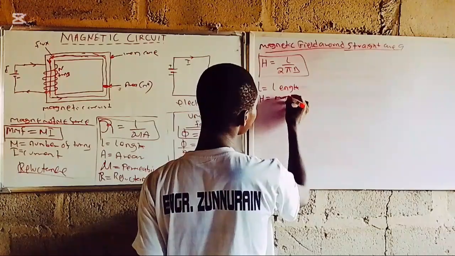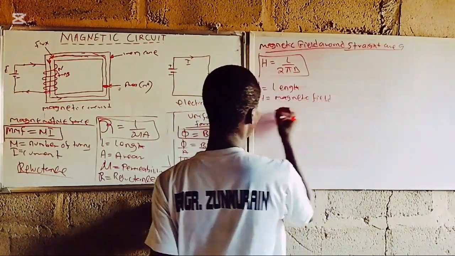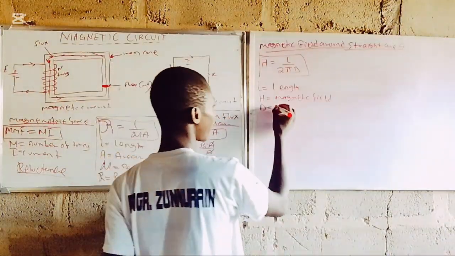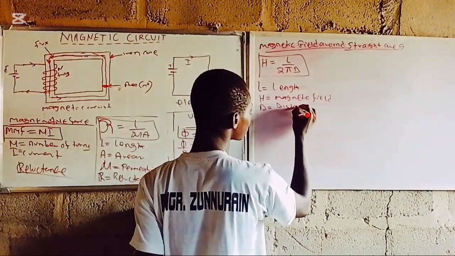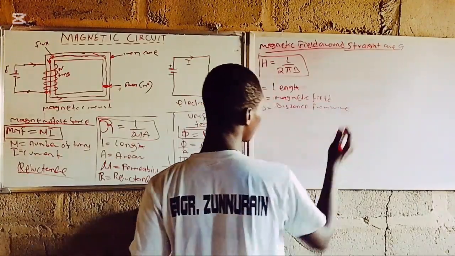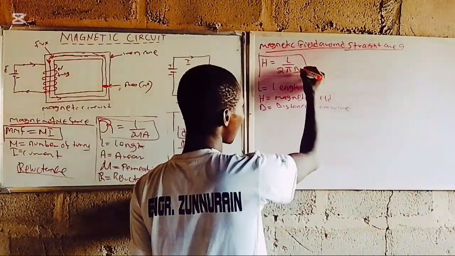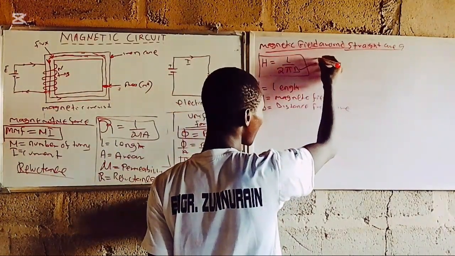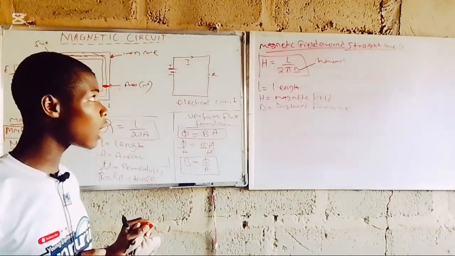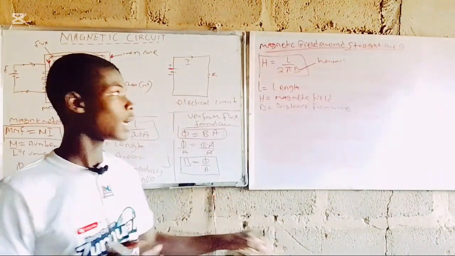H is the magnetic field, and D stands for the distance from the wire. You have to take note that as this distance from the wire increases, the magnetic field becomes weak.